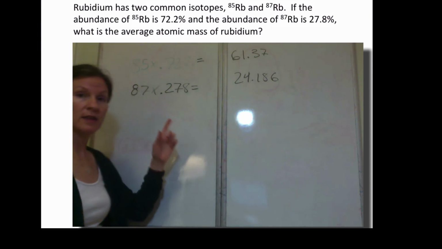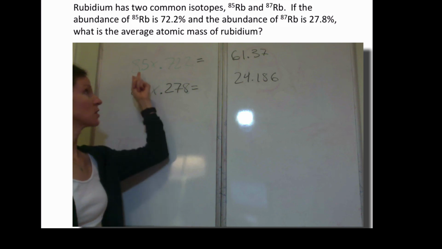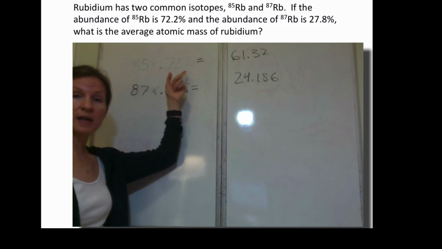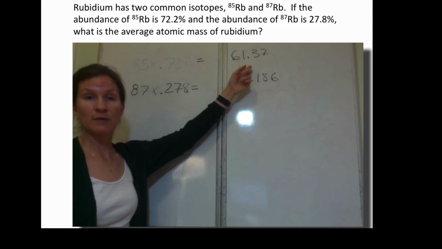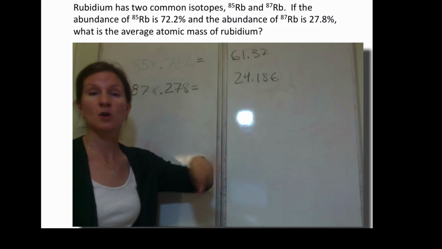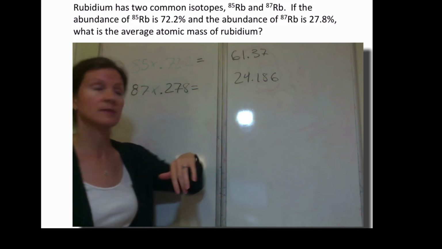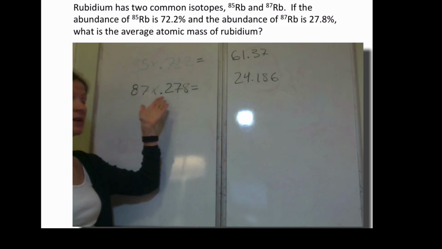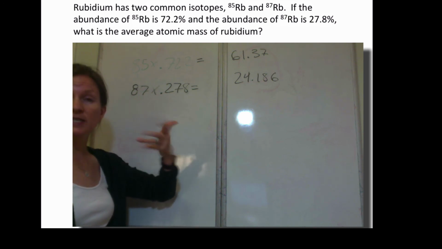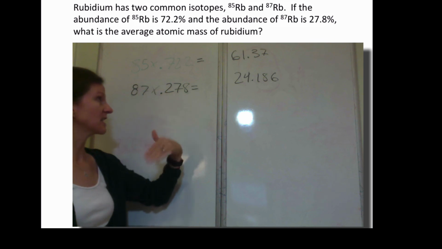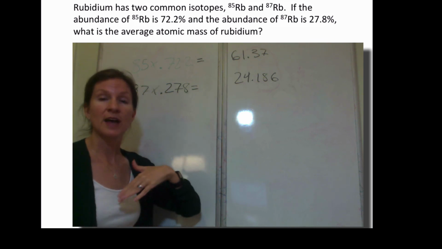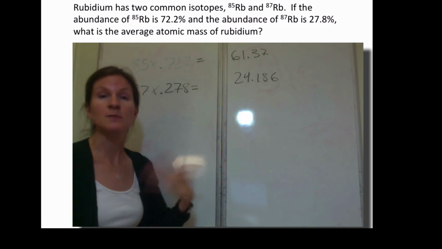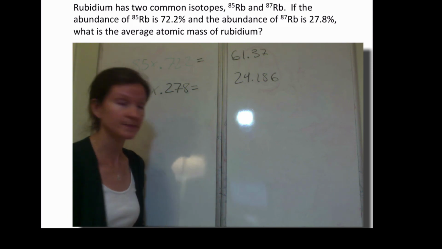So for example, here's how you would set up a calculation to find that weighted average. You take the mass number of the isotope, so 85, and you multiply it by the percent as a decimal point. So you get what portion of that 85 is actually being contributed to the overall sample, only 72%. Then you take the 87 and you multiply it by its abundance as a decimal point, so 0.278, to get 24.186. And again, that's how much of the 87 is being contributed to that overall sample.